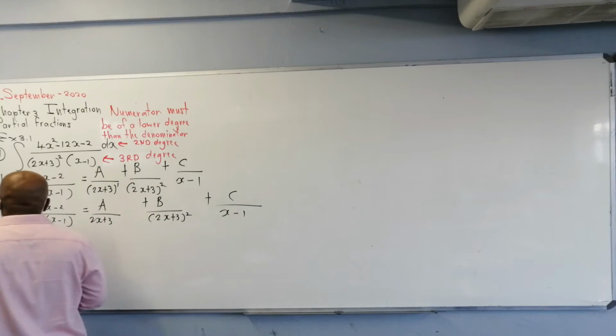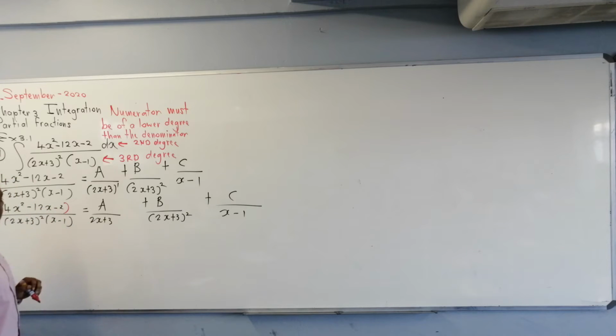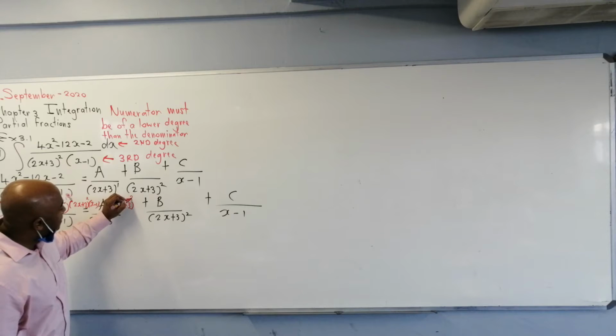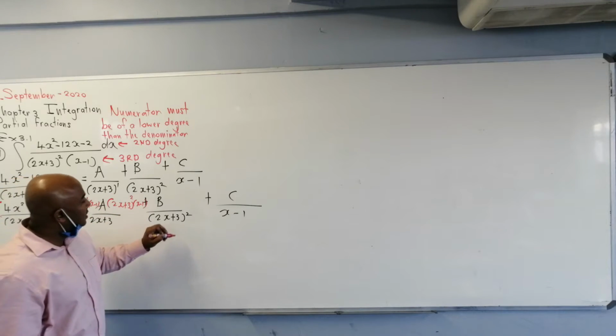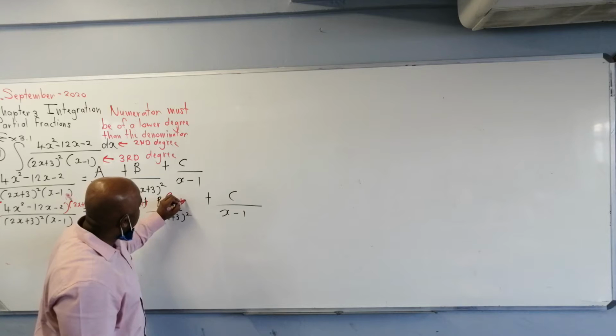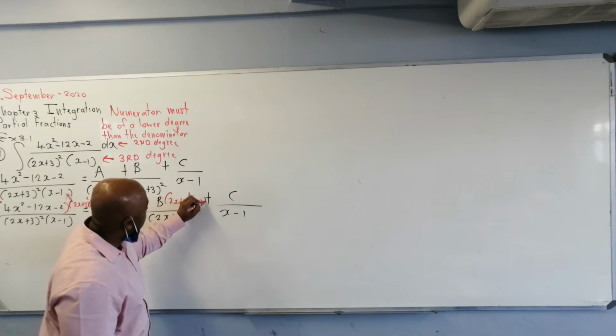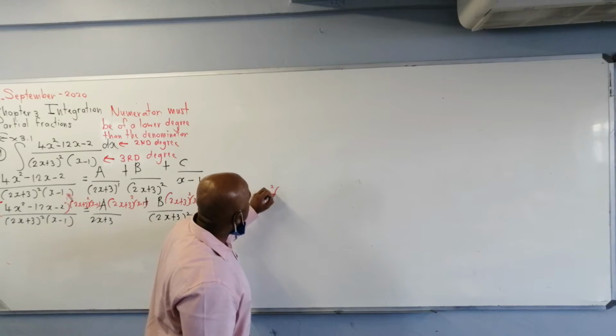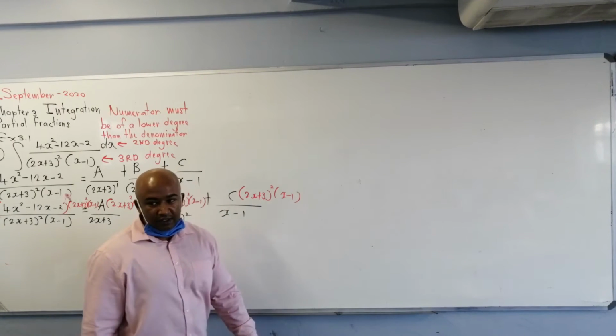Right, so I'm going to multiply by 2x plus 3 all squared times x minus 1 on the left hand side, and then 2x plus 3 all squared times x minus 1, again, and 2x plus 3 all squared times x minus 1.